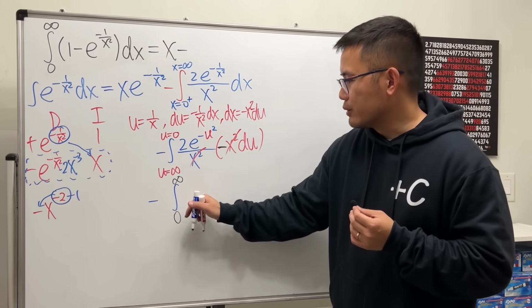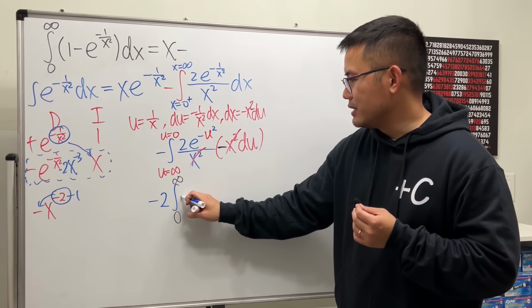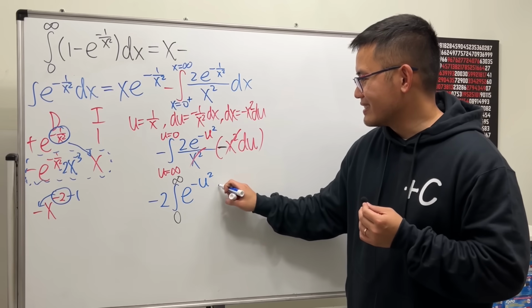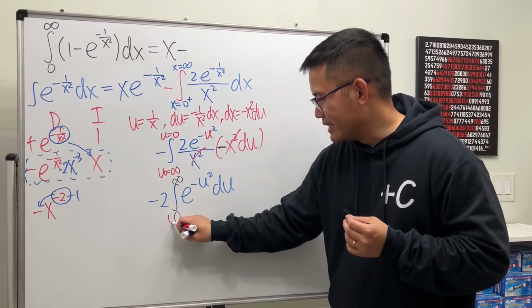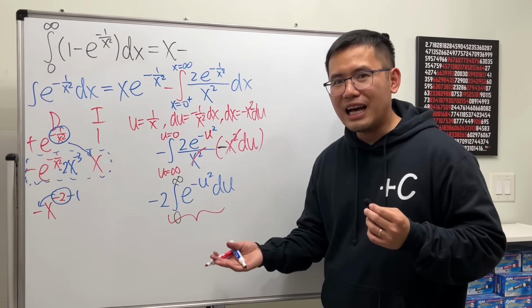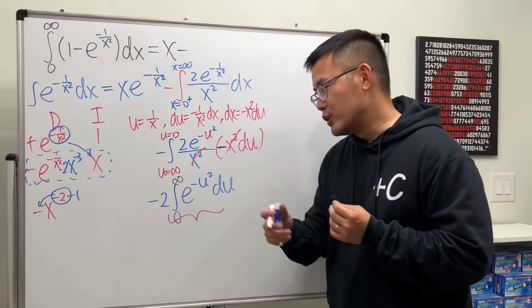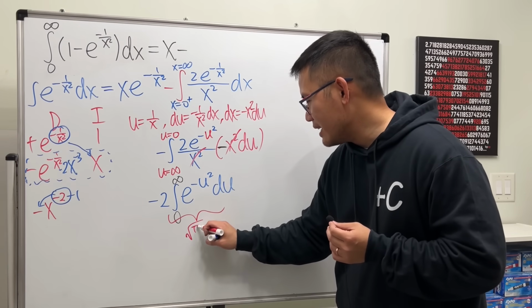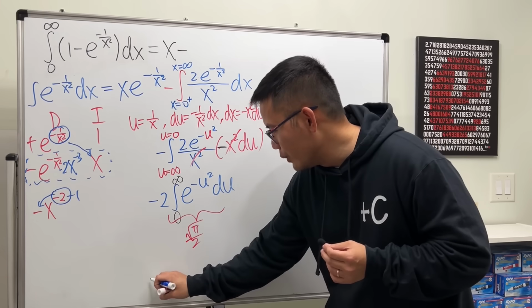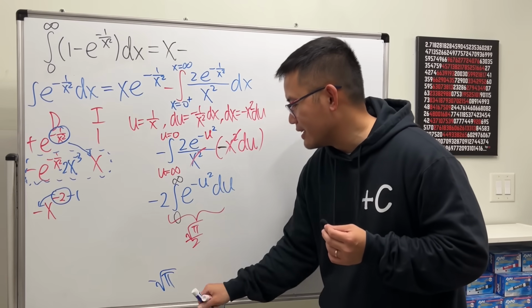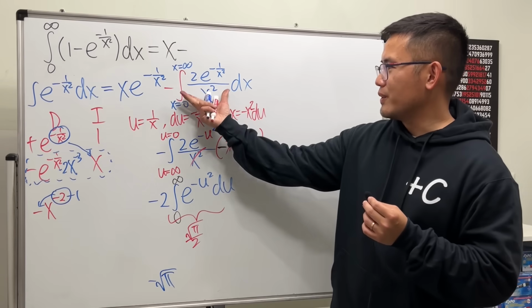Let me put the 2 on the outside, and then this is just e to the negative u squared du. What's this? This right here is precisely half of the Gaussian integral, which you will get square root of pi over 2. Multiply by negative 2, so all in all, we get negative square root of pi. And this right here, it's the result for this.